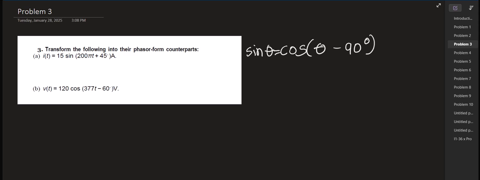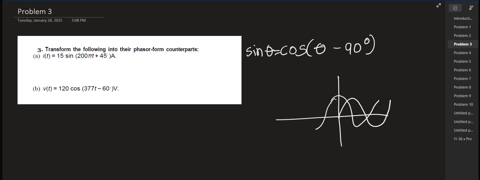So all that means is if I take a cosine graph and I shift it to the right by 90 degrees, it lines up with the sine. Cosine and sine are really the same, they're just shifted. So anytime I have a sine, I want to change it to cosine.